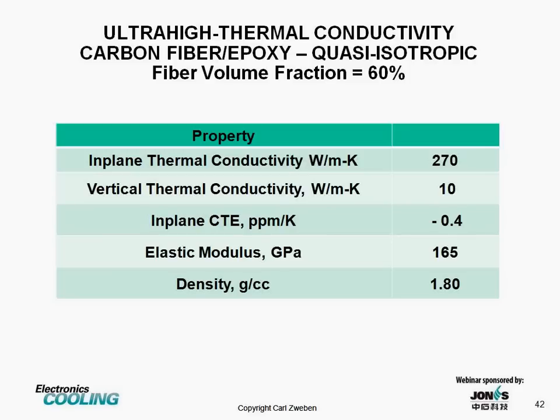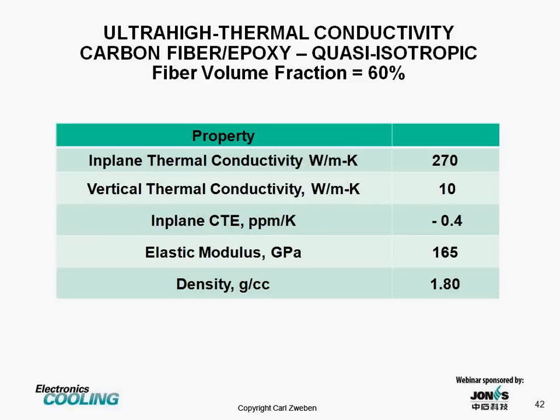Talked about thermally conductive carbon fibers. If we embed ultra-high thermal conductivity carbon fibers in an epoxy matrix in what we call a quasi-isotropic laminate, for example, with fibers at 0, 90, and plus or minus 45 degrees, we can get an in-plane thermal conductivity of 270, which is higher than basically all aluminum alloys. In-plane CTE is low and negative.